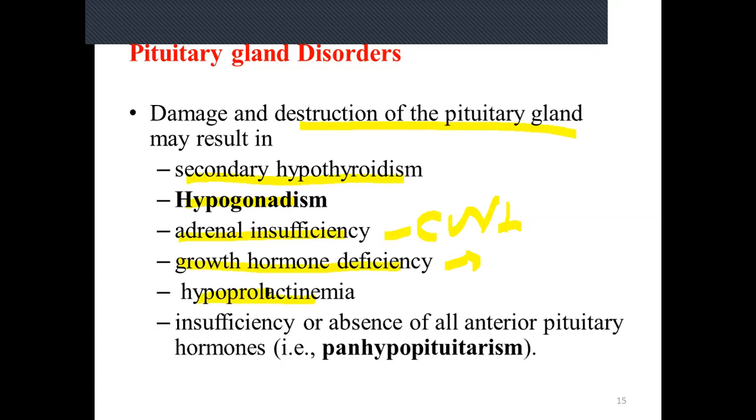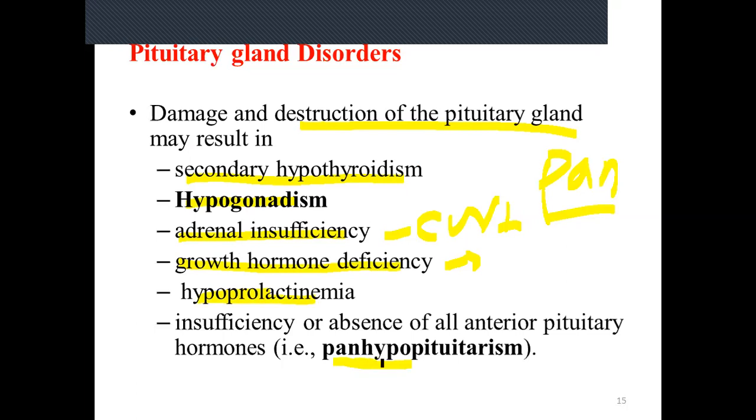Then if all the anterior hormones are diminished at once, we call it panhypopituitarism. You know pancytopenia? Pan stands for decrease of all. When you say pancytopenia, if all blood cells are significantly reduced below the normal range, we call it pancytopenia.